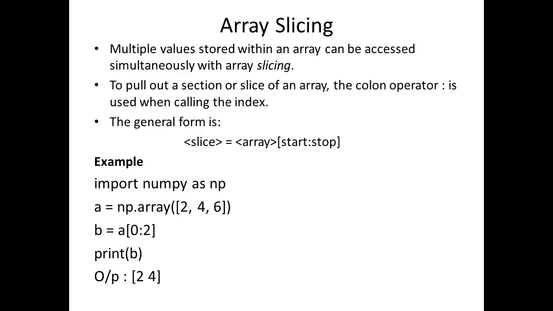Now you can specify the array slicing 0 to 2. So between 0 and 2, how many elements can you slice? Start from the 0th position, from the 0th position, the 2 values you can slice. So start from 2 and 4. So in total 2 elements you can slice.